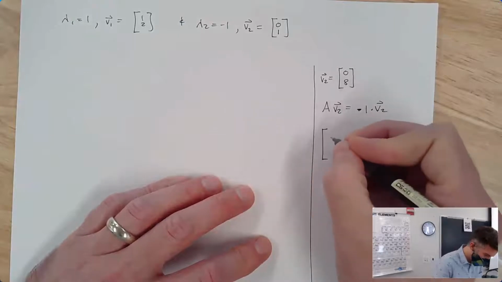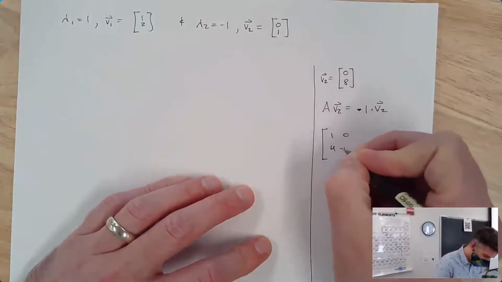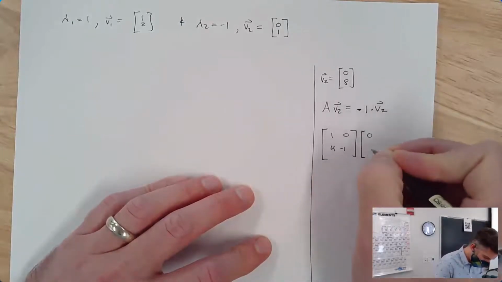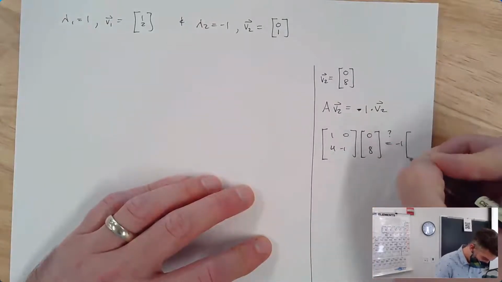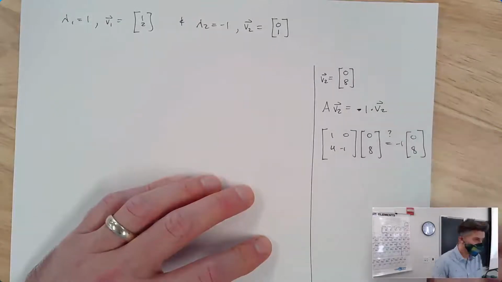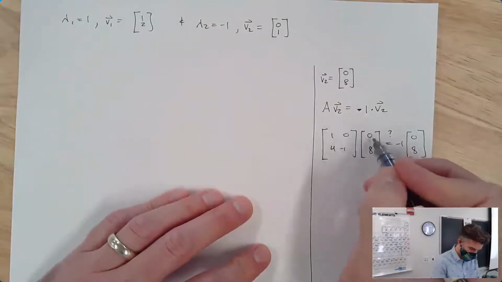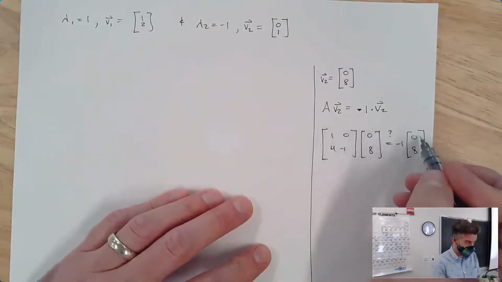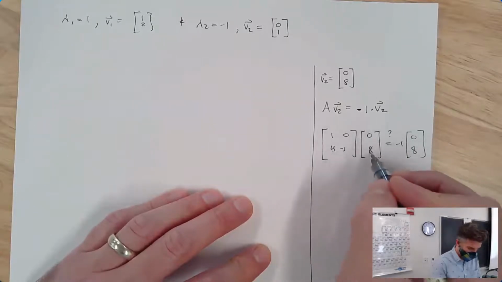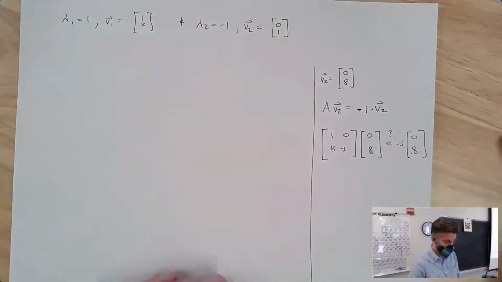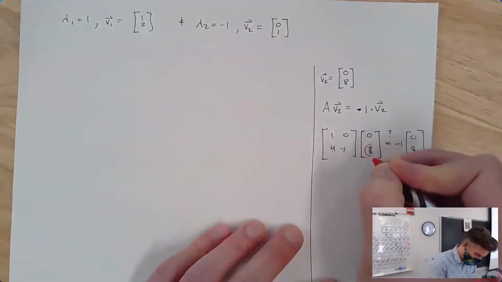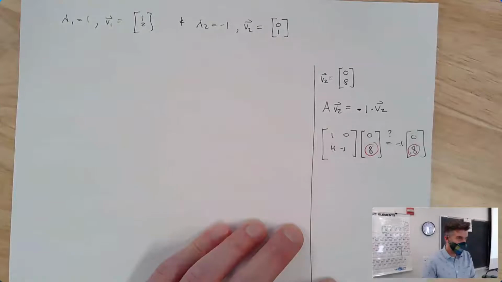My matrix was 1, 0, 4, -1, and multiply it by 0, 8. And am I going to get -1 times 0, 8? You bet I am, because 1 times 0 plus 0 times 8 gives me 0. And 4 times 0 plus -1 times 8 gives me -1 times 8. So as you might notice, it doesn't actually matter what number I put here, right?